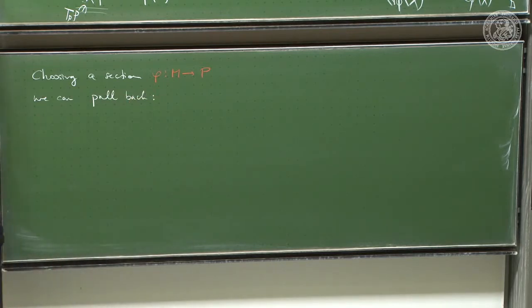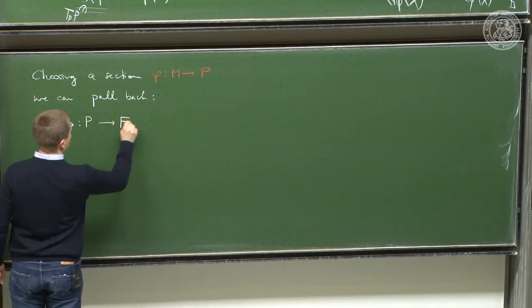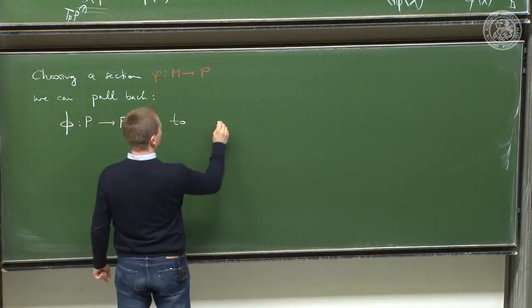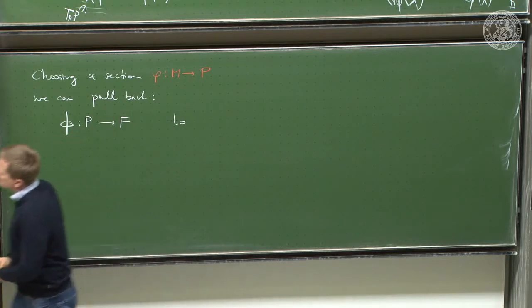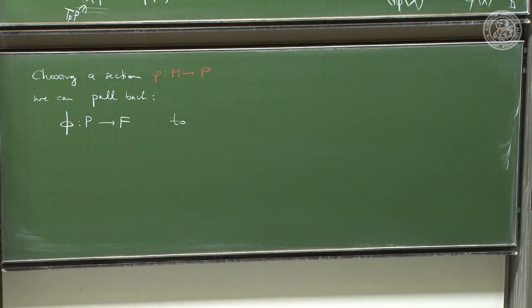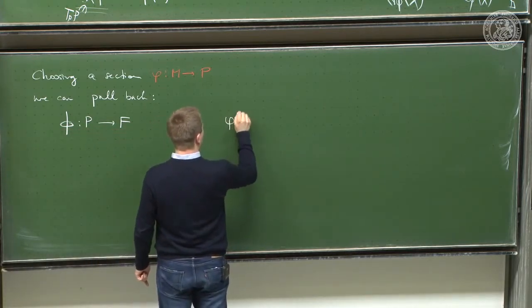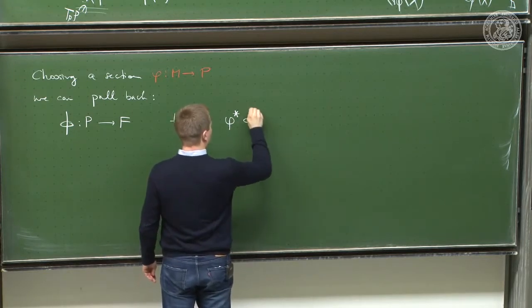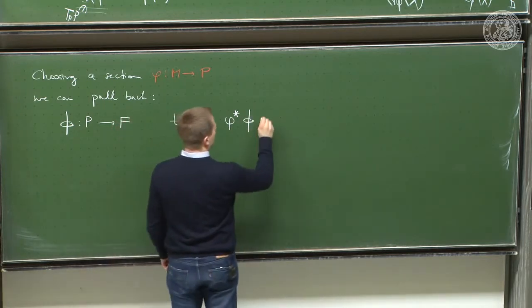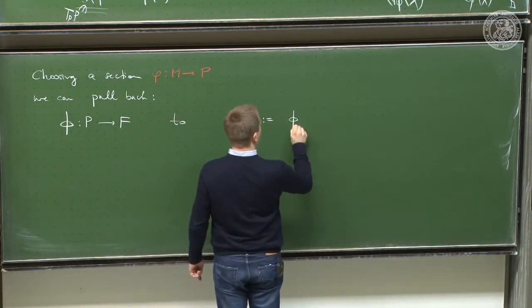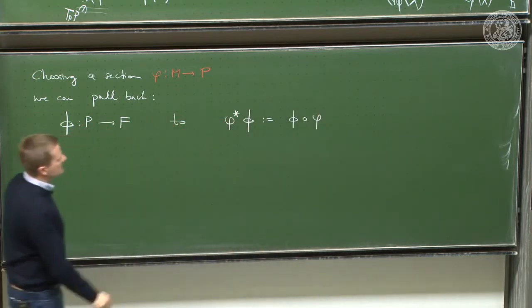What can we pull back? Well, we can first of all take the big phi function that lives up there, phi that goes from P to F, and we can pull this back to phi star of phi, but you know that the pullback of a zero form is simply phi after phi in this case.